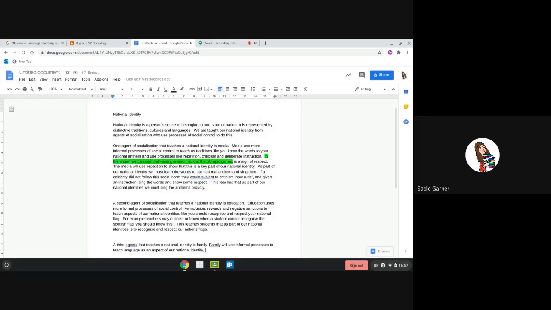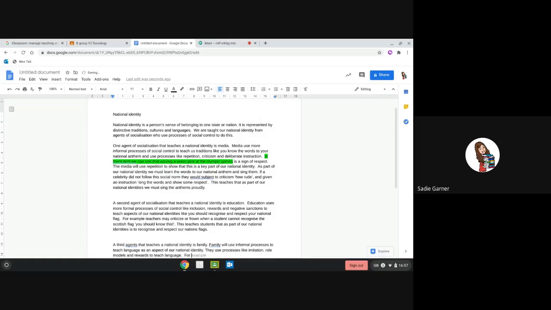So flags, anthems, and language are tied into national identities. They use processes like imitation, role models, and rewards to teach language.